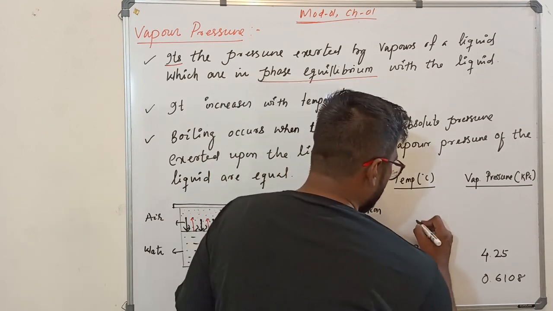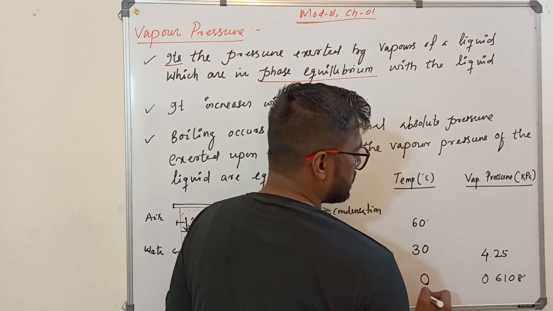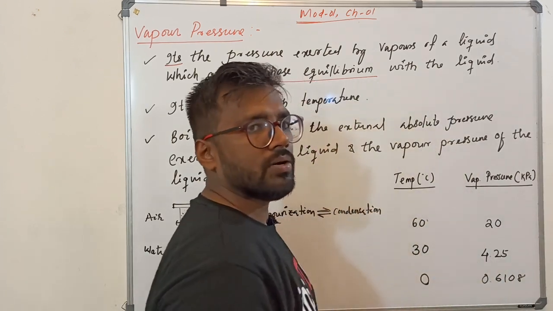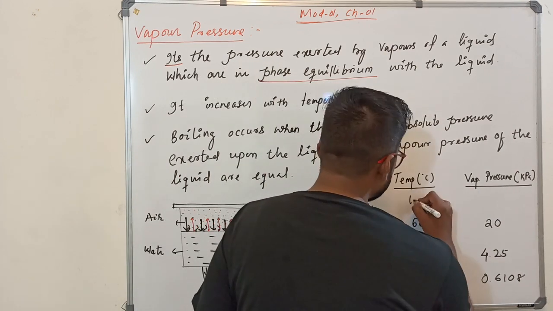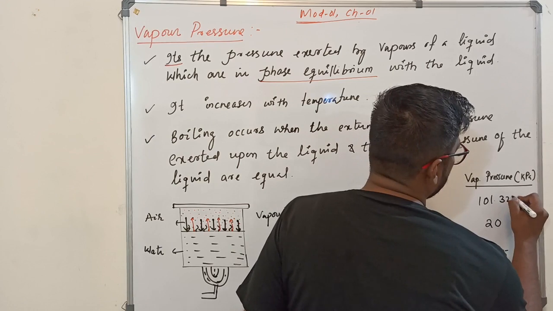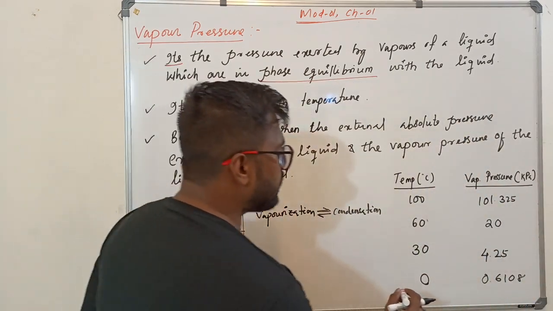At 60 degrees Celsius, the vapor pressure is 20 kilopascal. And at 100 degrees Celsius, it is atmospheric pressure, 101.325 kilopascal.